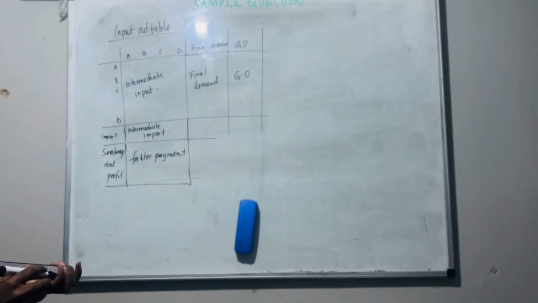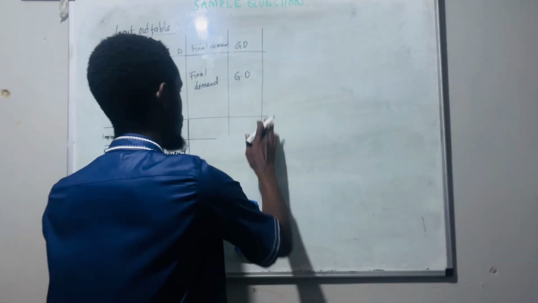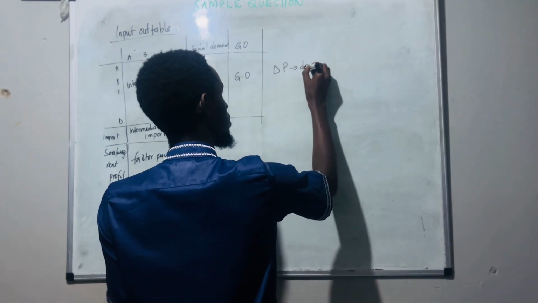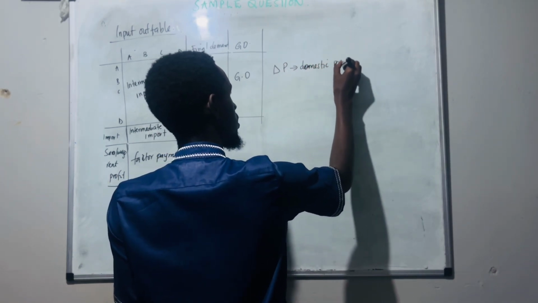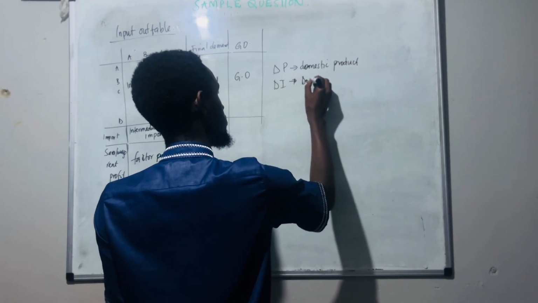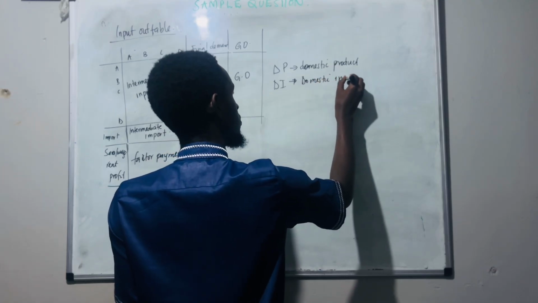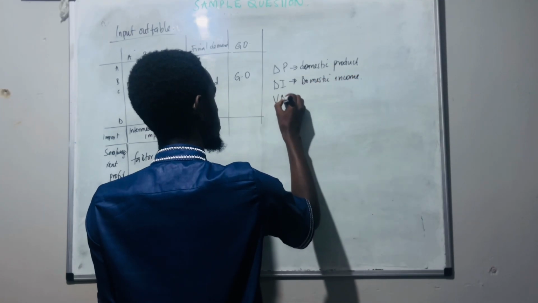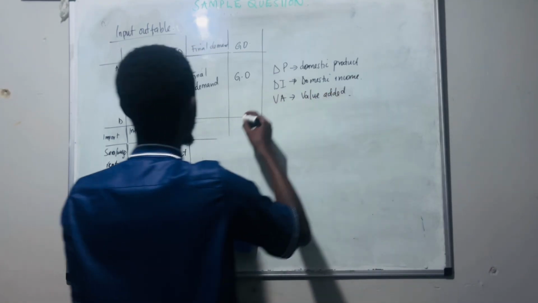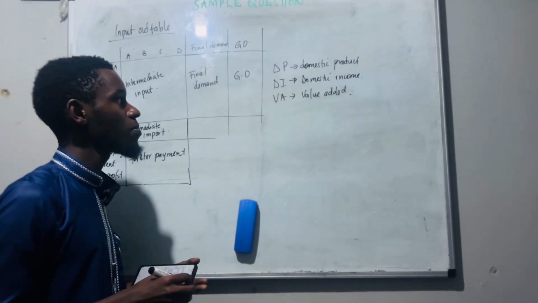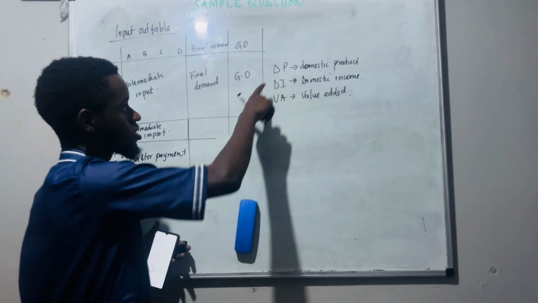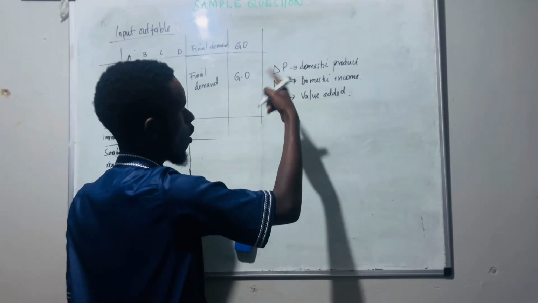Now, let us first have the definitions of domestic product, DP, also DI, domestic income, and then lastly, value added. From this input-output table, we get to know that domestic product, domestic income, and value added all give us the same answer.